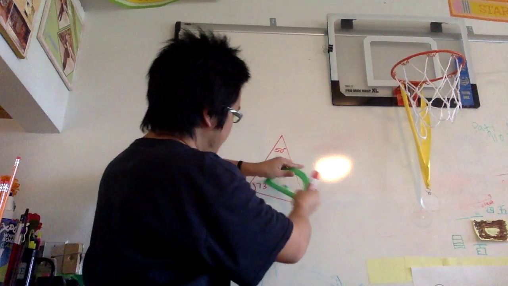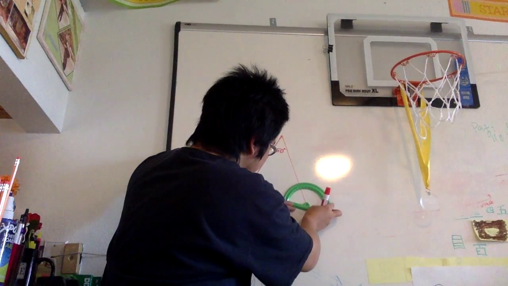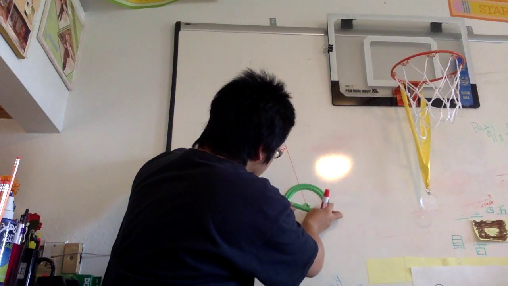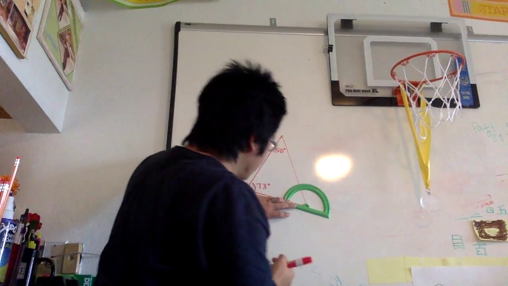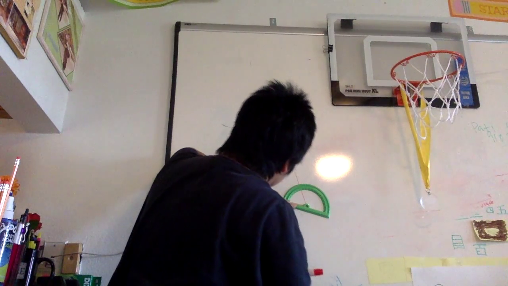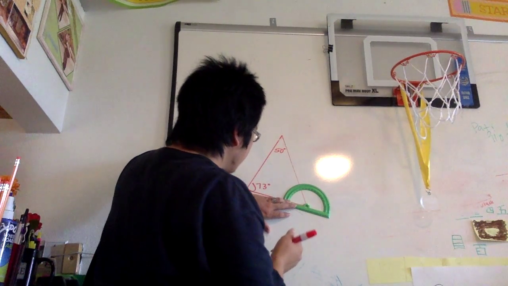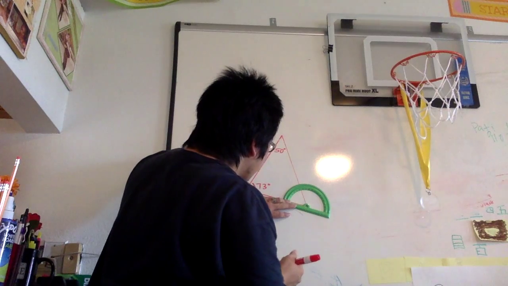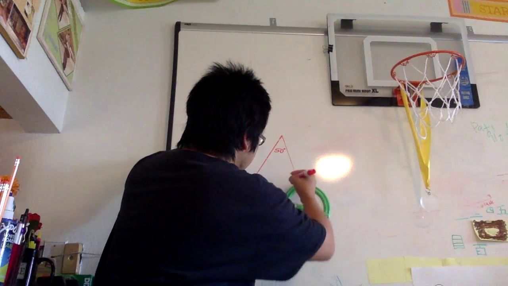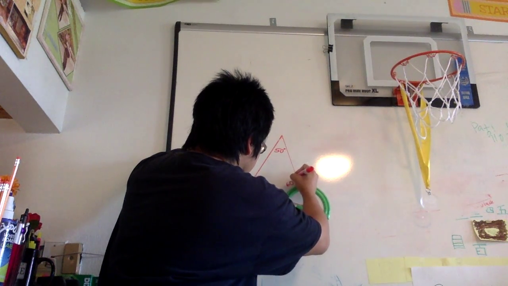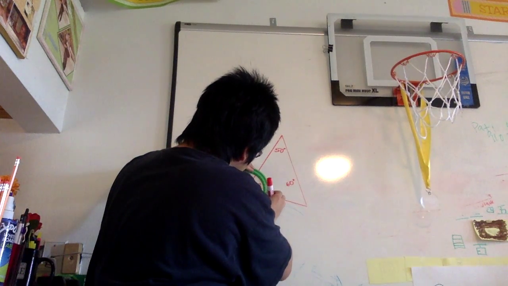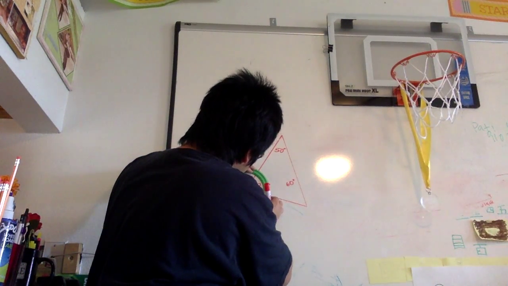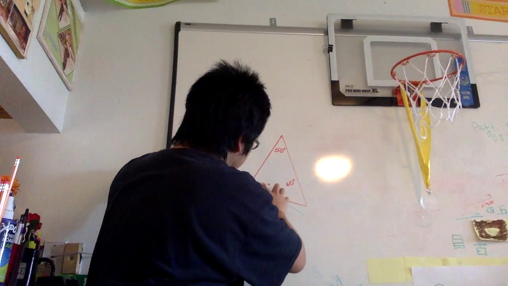Okay, and then I measure from here to here, and this comes out to be, let's see, try to get this as accurate as possible. This comes out to be almost exactly 60. Maybe measure this one again. Oh actually I had it off a little bit. It's almost exactly 70.